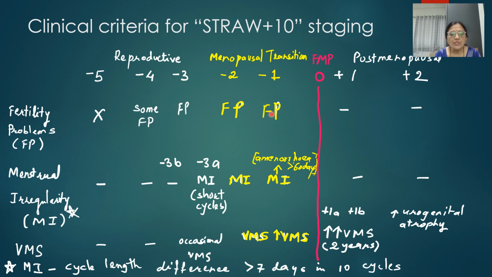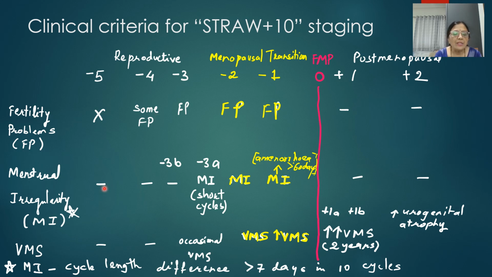In menopausal transition, fertility problems are more prominent, and it is important as more and more girls are opting for late marriages and late childbearing, so they might already be in -3, late reproductive phase, or even in the menopausal transition phase. That is why it is important to understand that fertility problems initiate right at the late reproductive phase, that is -3, whereas in -4 only few might have fertility problems.